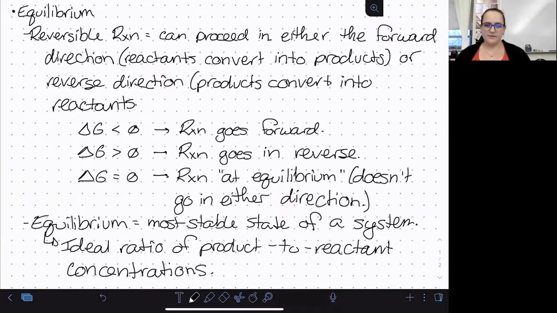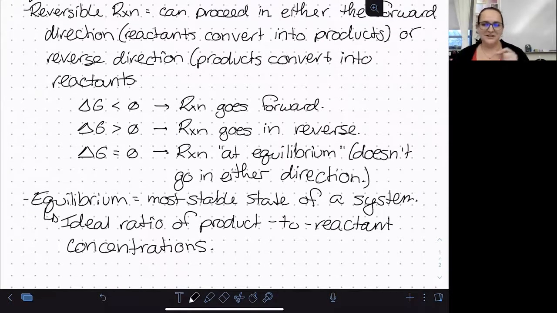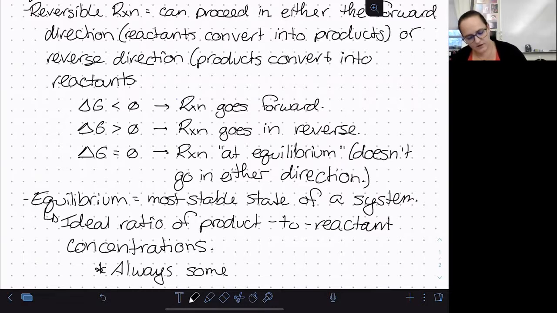In an equilibrium system, there's always going to be a little bit of everything present once that reaction gets going. There will always be some product and some reactant present. These never fully go to completion.